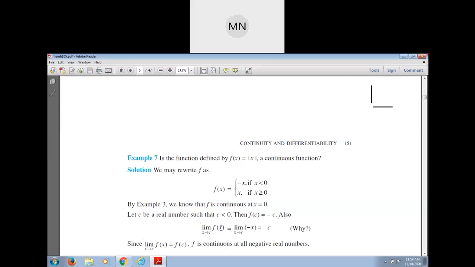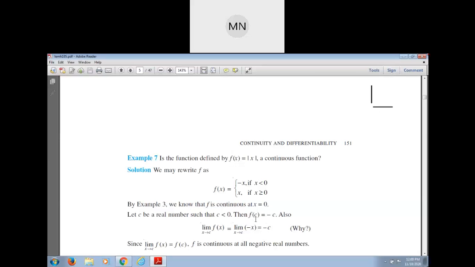In the place of f of x, we write minus x, isn't it? Because x tends to c minus, and c is less than 0. So the limit as x tends to c minus of minus x, the value of this will be minus c. Okay. Is it clear?